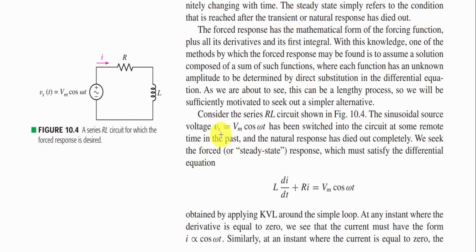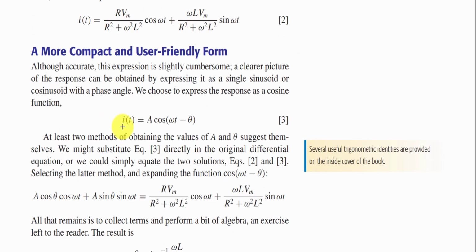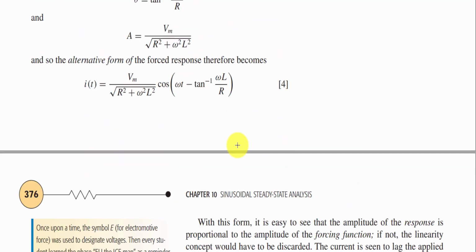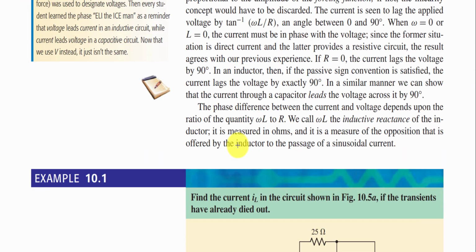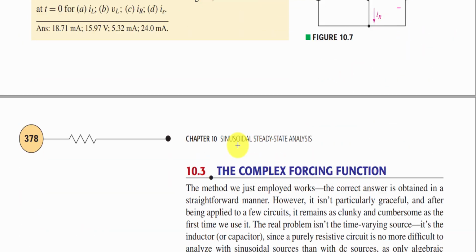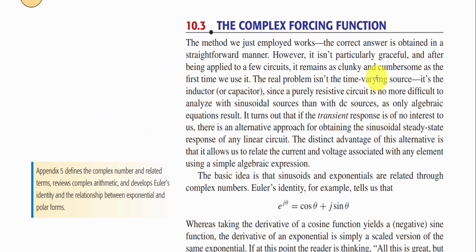But you might have noticed that this is quite a cumbersome and difficult way to solve a simple problem. So instead of doing the time domain analysis and solving the differential equation, we use something known as phasors. These phasors are frequency domain quantities, and I'm going to explain that in part 3 of this video series.